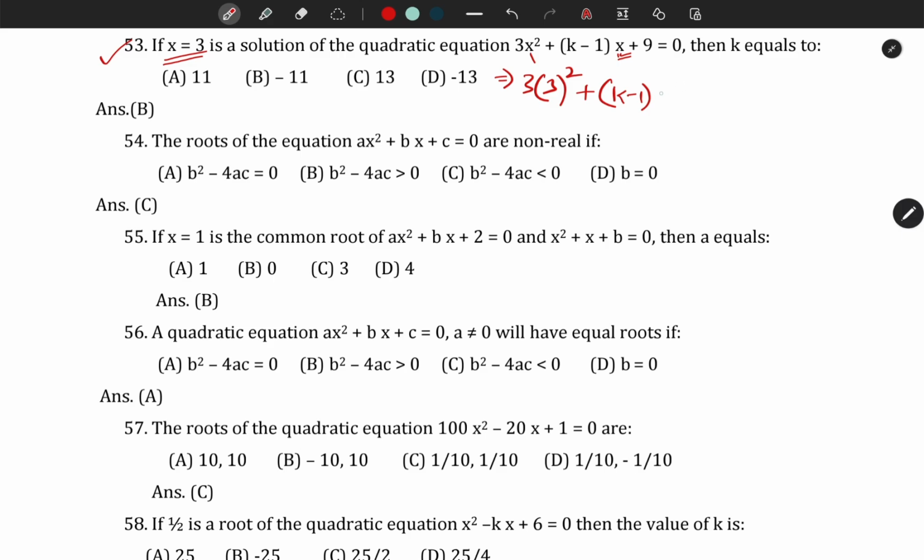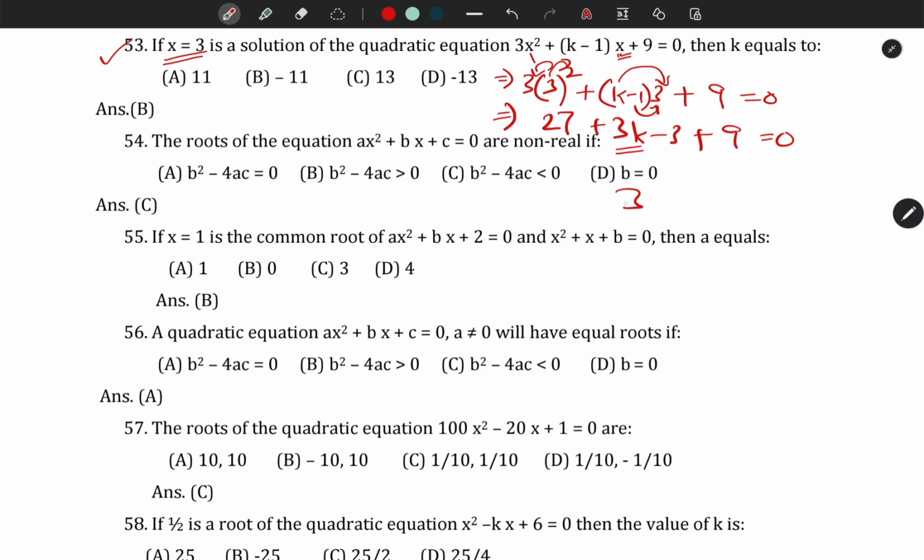In place of this x also we are going to put 3, plus 9 equal to 0. Next line, we have 3 square here. 3 square makes 9. 9 into 3 will make 27. And this 3 into k will be plus 3k. Then minus 1 multiplied with 3 will give us minus 3 plus 9 equals to 0.